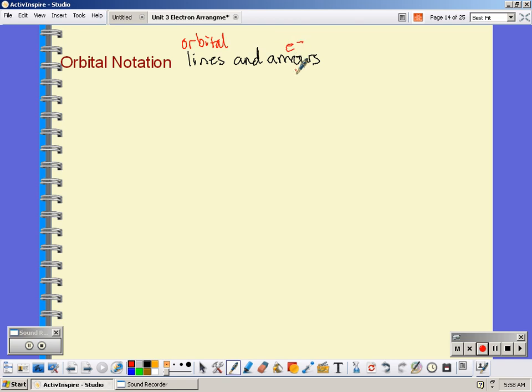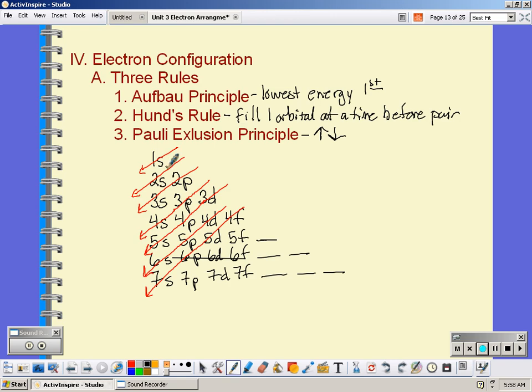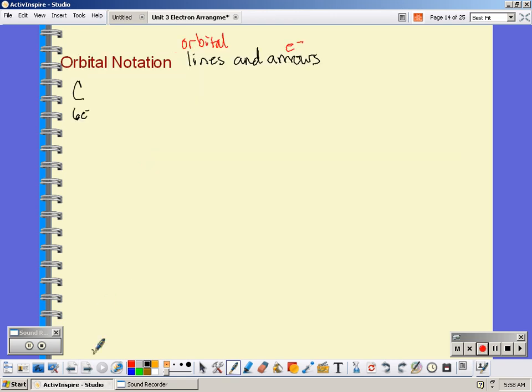So if we pick carbon, carbon has 6 protons, so it has 6 electrons when it's neutral. Well, based on our Aufbau's principle, we're going to fill 1s first because that's the lowest energy. The s sublevel has 1 orbital, and in that orbital I can hold 2 electrons based on the Pauli exclusion principle.